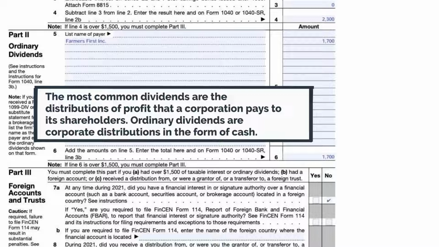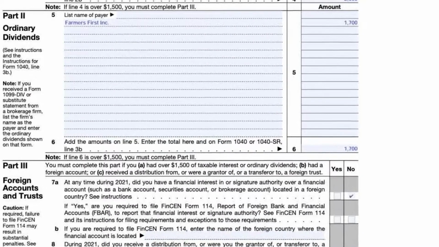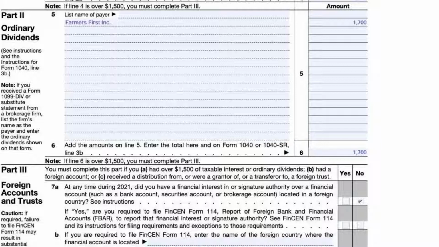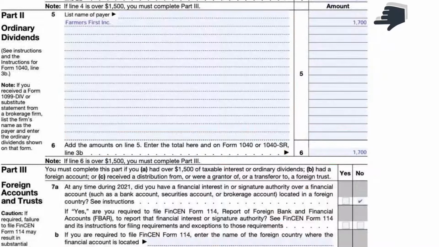We can go back to Schedule B and we find that the next section is for reporting ordinary dividends. Emily received a Form 1099-DIV from Farmers First Inc. showing that she received $1,700 of ordinary dividends.